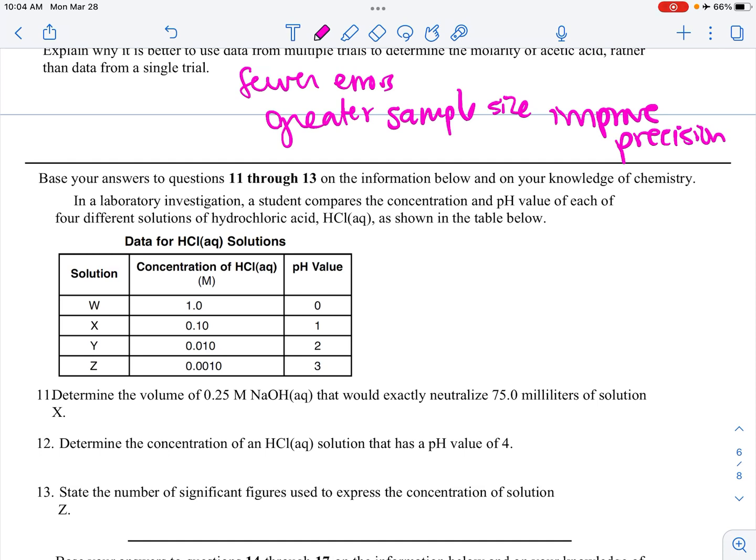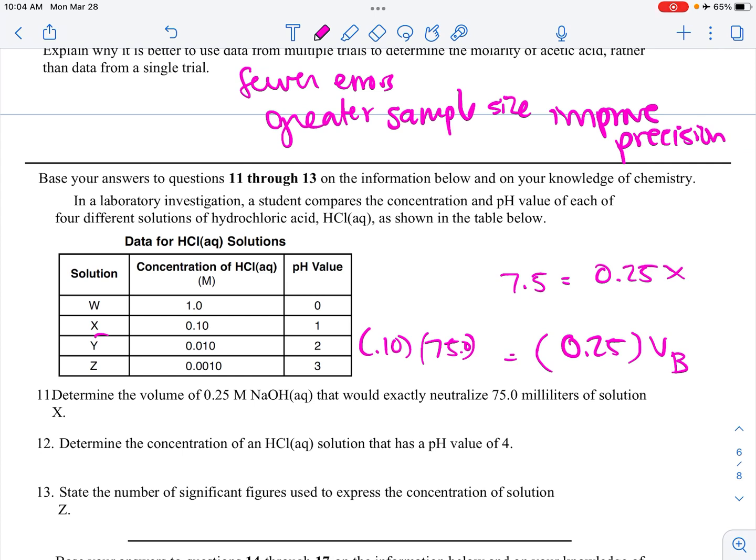So this is base, 0.25 molar, and we're looking for the volume of the base. 75 milliliters of the acid, and solution X has a concentration of 0.10 molar. So 0.10 molar times 75 is 7.5 equals 0.25x.